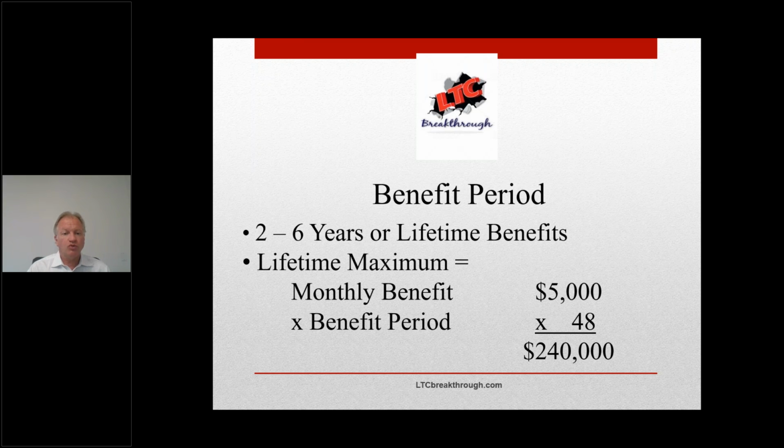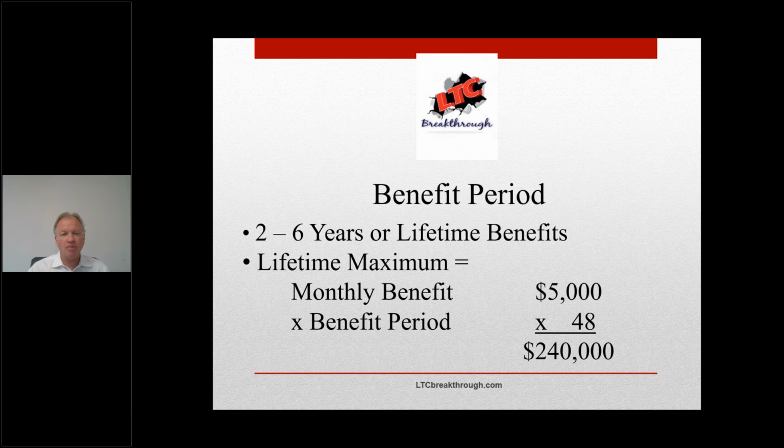So again, 2 through 6 years or lifetime benefits are the options in the policies today. Most people select 3, 4, or 5 years. And the reason for that is we know, and this can help you a little bit to decide what benefit period to select, is that long-term care claims, the amount of time that you actually need care, only about 10% of claims last longer than 5 years.